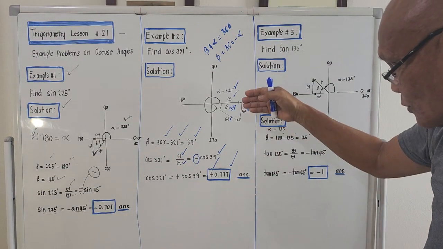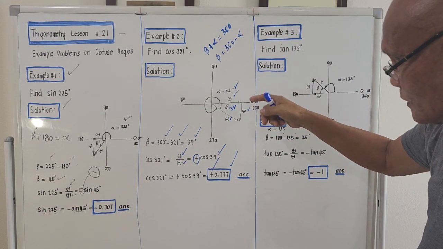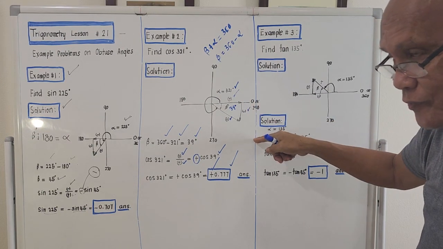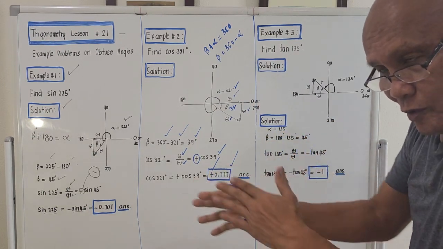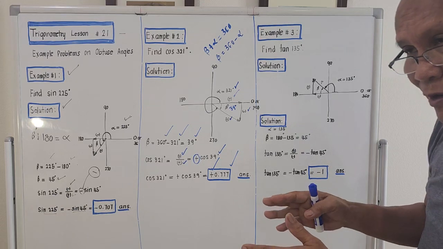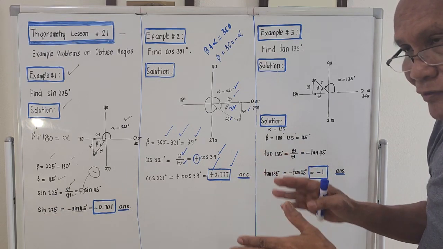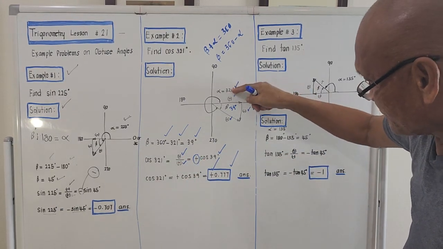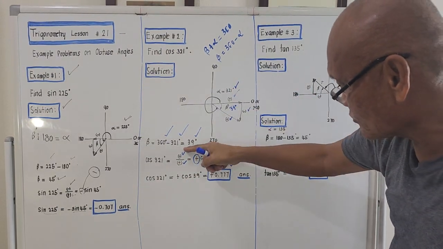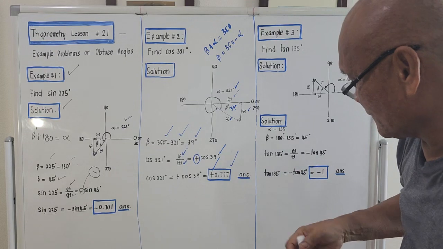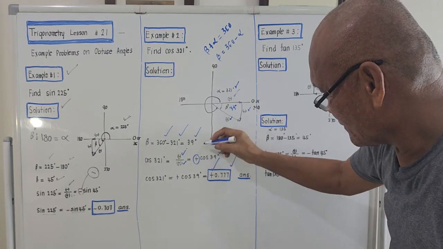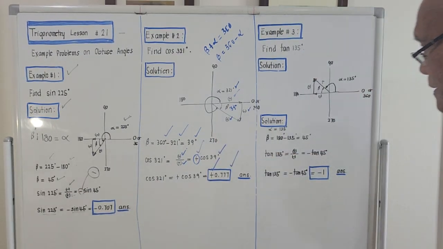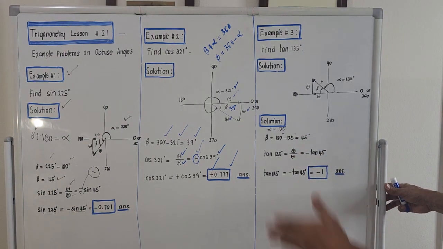Try to draw the figure, designate the plus and minus signs. And when you bring out a function, take note of the proper sign. Like this one here, cosine is adjacent over hypotenuse, a plus over a plus, so it should be plus.